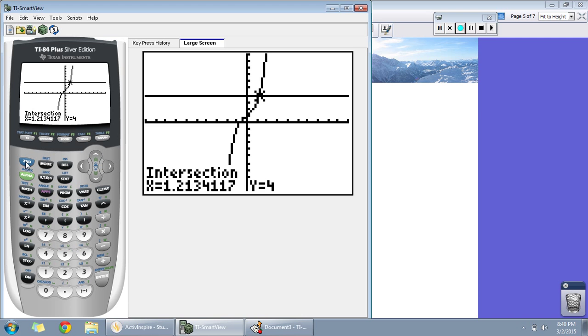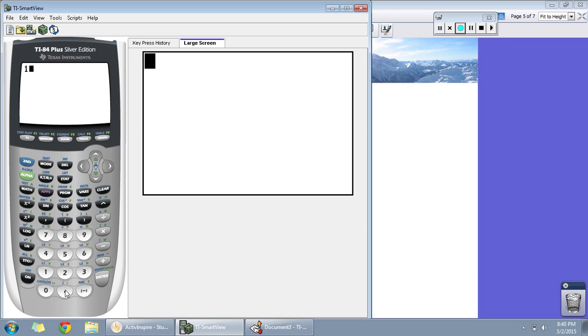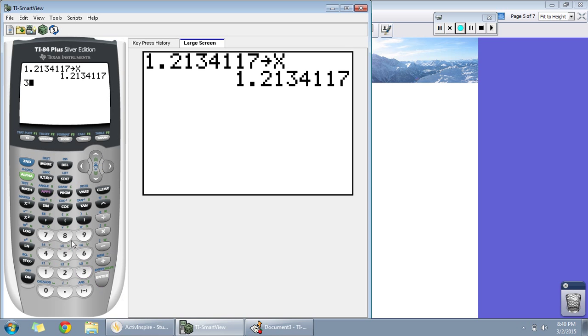We can go to our computer screen and do 1.2134117 and store that as x, and do 3x squared plus 1.